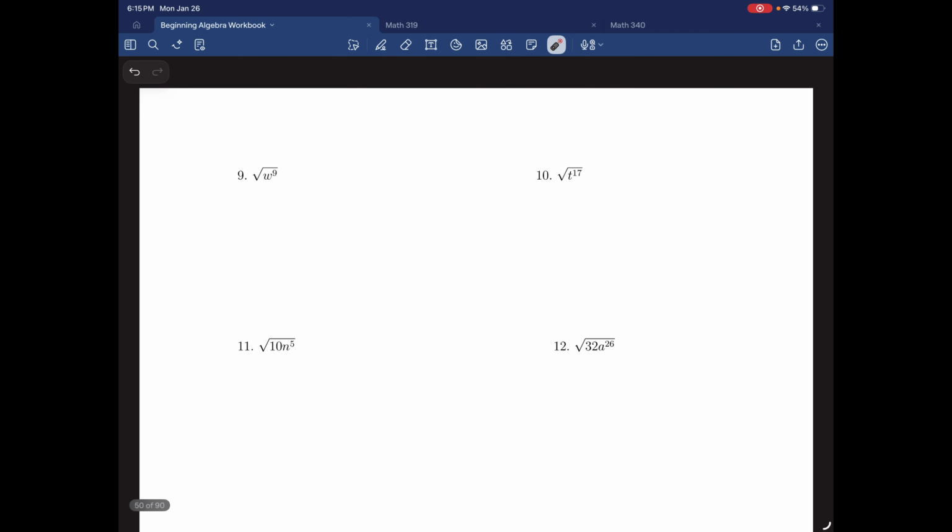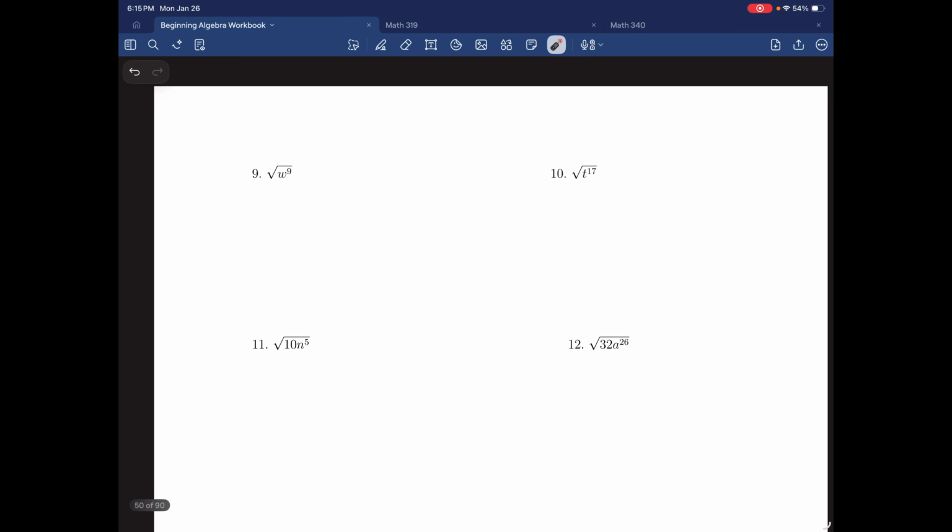But now looking at example 9, you might be like, oh, now we have w to the 9th power, which is an odd number, and 9 isn't divisible by 2. So what are we going to do? Well, here's a trick. According to the rules of exponents, if we have x to the a times x to the b, we add our exponents.